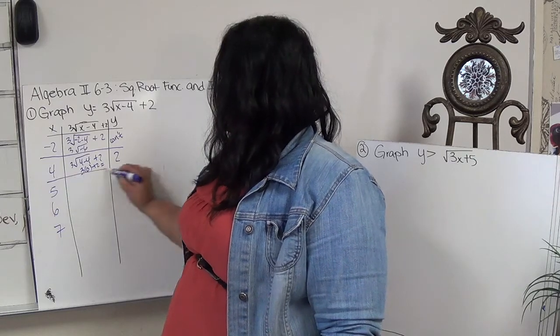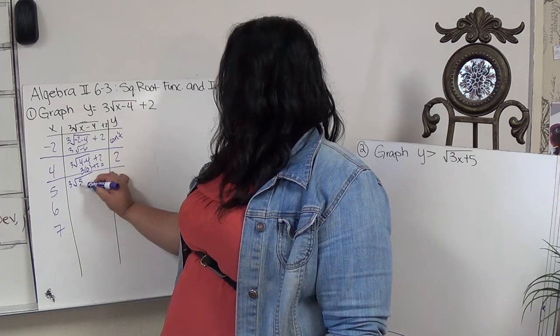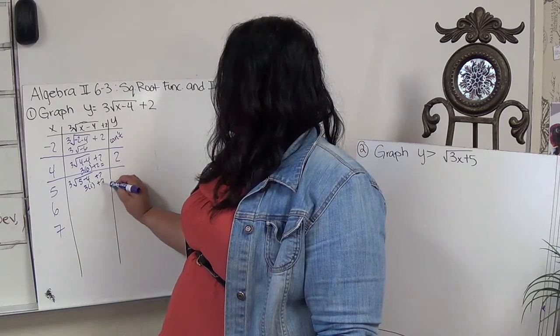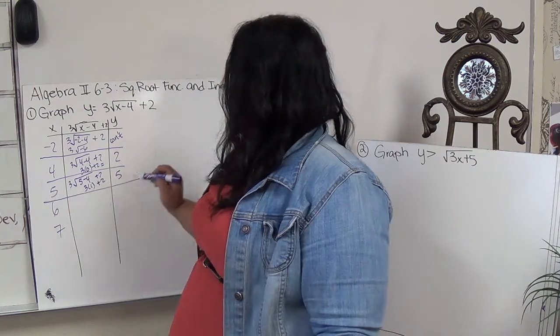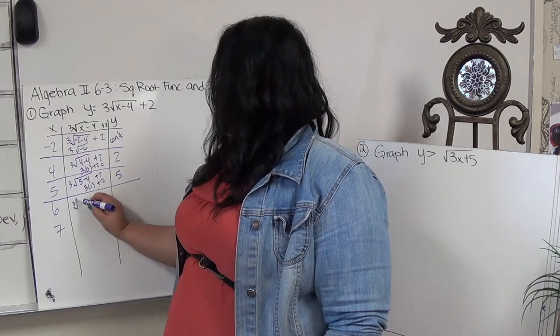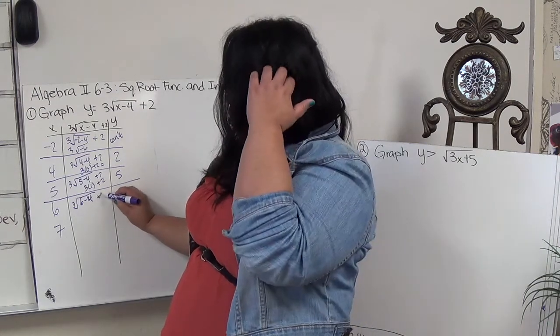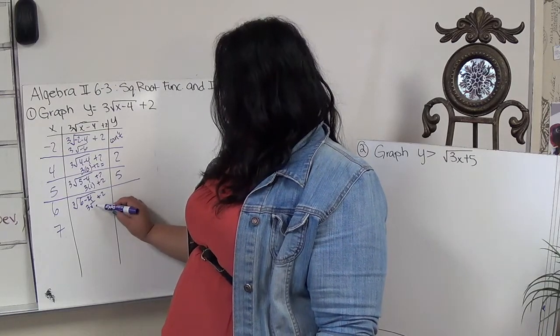Then 3 square root of 5 minus 4, plus 2, which is 3 times 1 plus 2, which is 5. The next one is 3 square root of 6 minus 4, plus 2, which is 3 root 2.